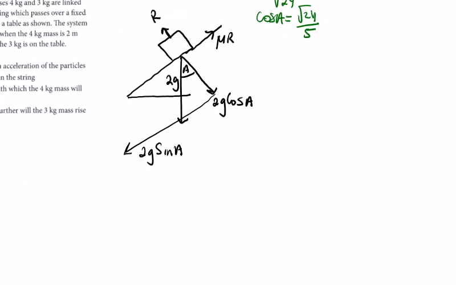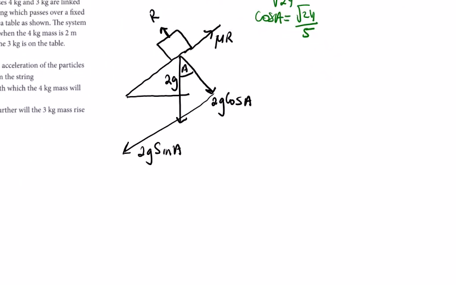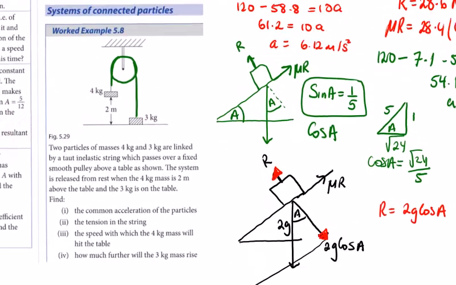Just give myself a bit of room. So if we start with R, I'll colour them in red this time just to make sure we oppose them. R goes up and 2g cos alpha goes down, so R is equal to 2g cos alpha. We're told something about mu.